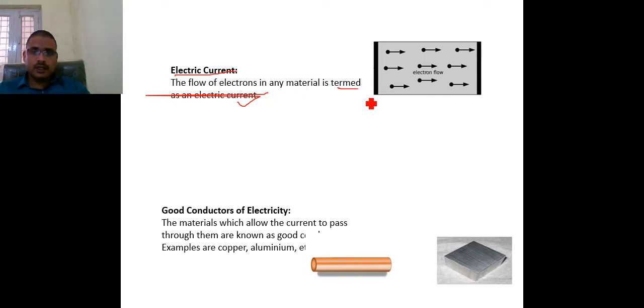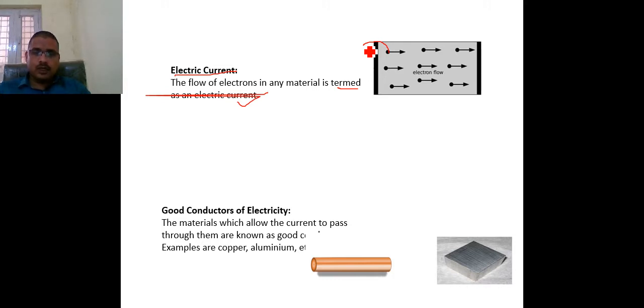You can see here, this small spot is an electron which is moving, and because of the movement of these electrons, a charge is created. That charge moves from one end to another end. That's why the current flows.